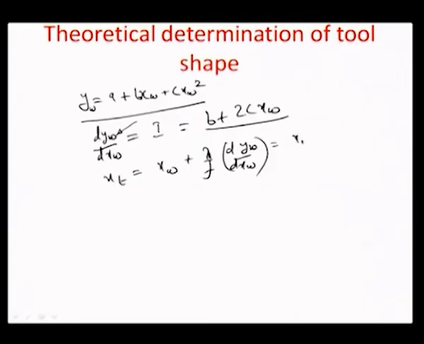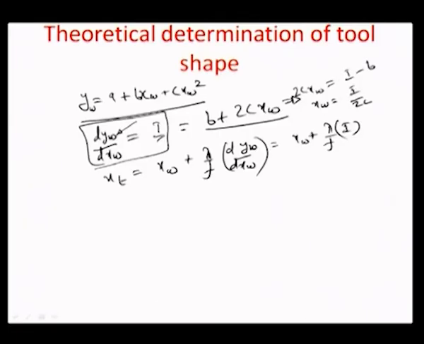So we can write this as xw plus lambda by f times I. Remember, we have taken dyw by dxw as I, and so if we write xw in terms of I, twice cxw is I minus b, or xw becomes I by 2c minus b by 2c.